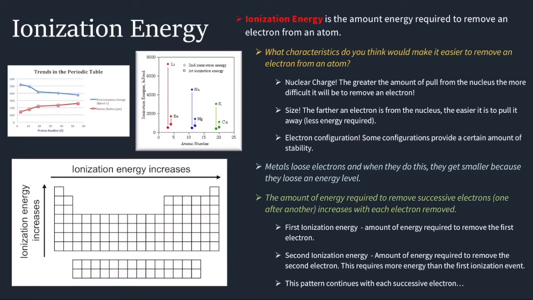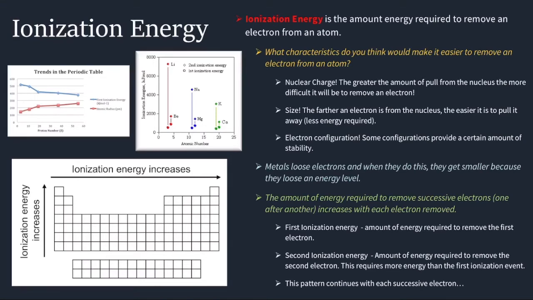It's going to take more energy to pull an electron off that's being held more tightly by the nucleus. And then size is affected by nuclear charge, so in effect, this is also affecting the size. Smaller atoms hold on to their electrons more tightly, and it's harder to remove those electrons from smaller atoms because they have larger nuclear charge. And then sometimes electron configurations can also affect the amount of energy. Some configurations provide an unusual amount of stability.